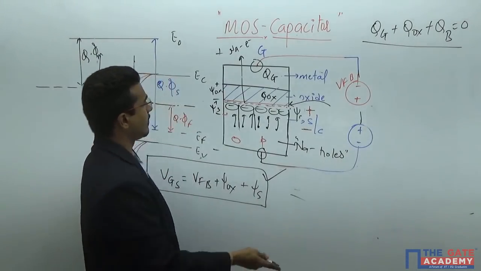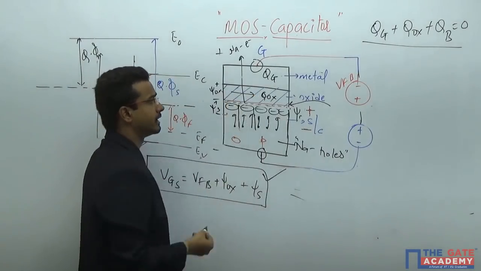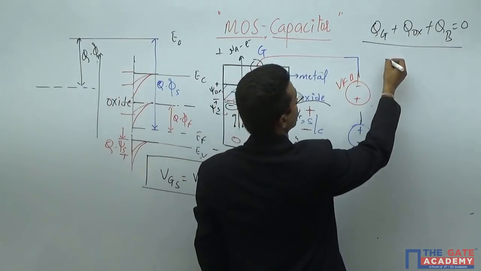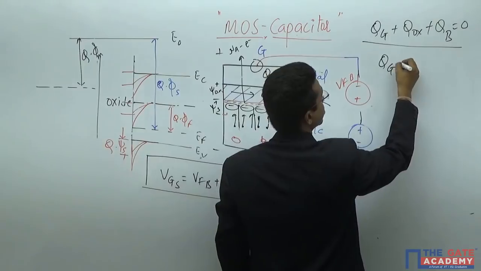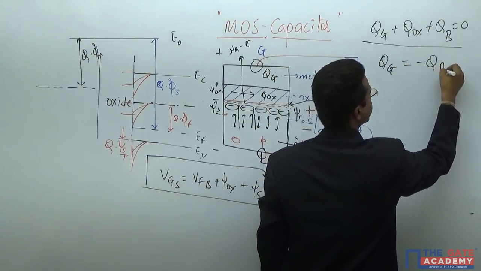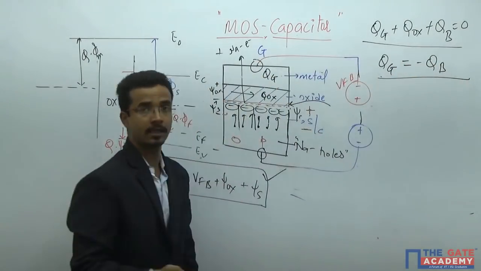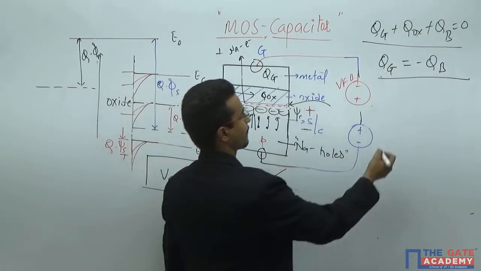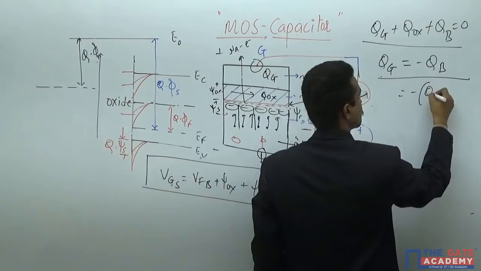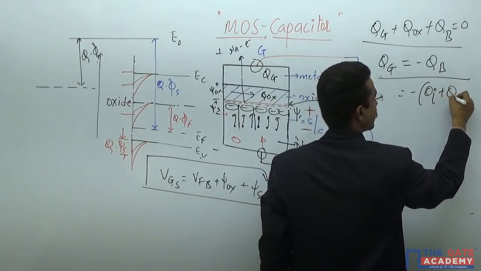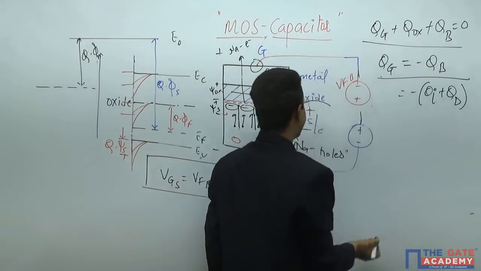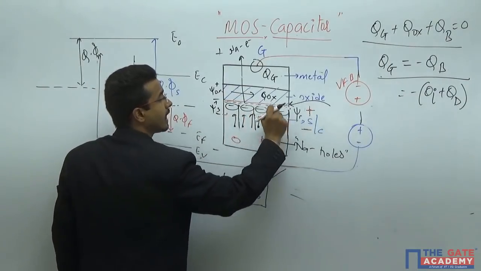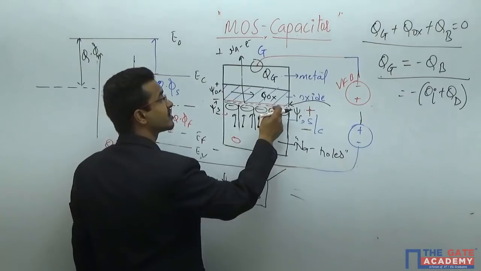So, if we neglect the effect of QOX, then QG equals minus QB. And in QB you have two types of charge carriers, QI plus QD, where D is the depletion region charge and QI is the inverted charge, that means inversion charges.